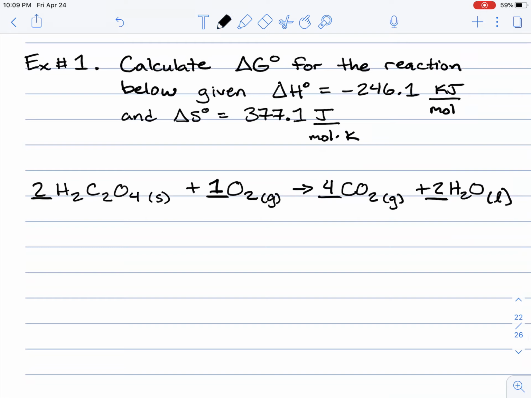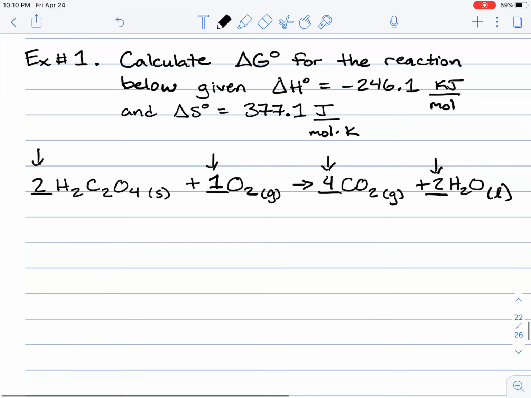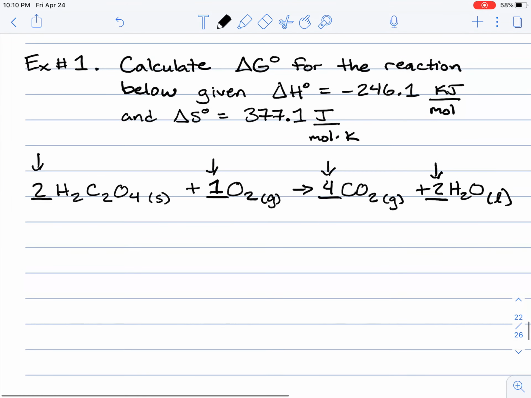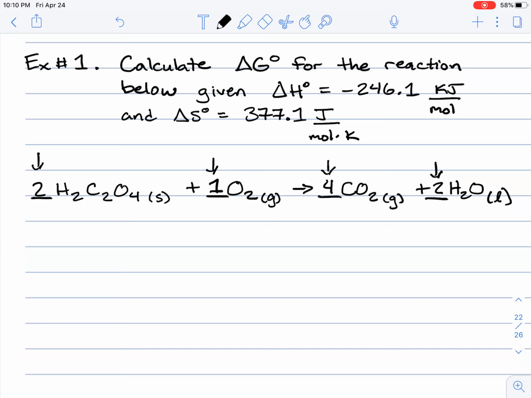All right. So the first thing that you want to do is check your balanced chemical equation, right? In this scenario, I went ahead and balanced the equation for you. But when you guys are doing this on your own, it never hurts to check if you have a balanced chemical equation. And so what we're going to do is calculate the change in standard Gibbs free energy.